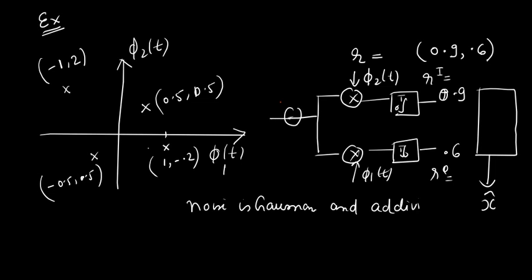Here we get x(t) plus n(t), and the noise is Gaussian additive. What will you do, tell me? Yes. So you will evaluate the distance of this R with all the four signal points. Very good.